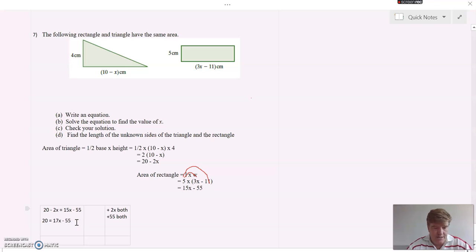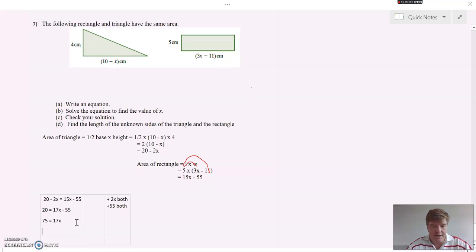So let's have a look here. 20 plus 55 is going to give us 75 on the left-hand side. Equals 17x minus 55 plus 55. Minus 55 plus 55 cancel that. So it's going to be left with 17x. And the last step here is we have to divide. We want to get x by itself, so we're going to do the opposite of multiply by 17. 17 times x at the moment.